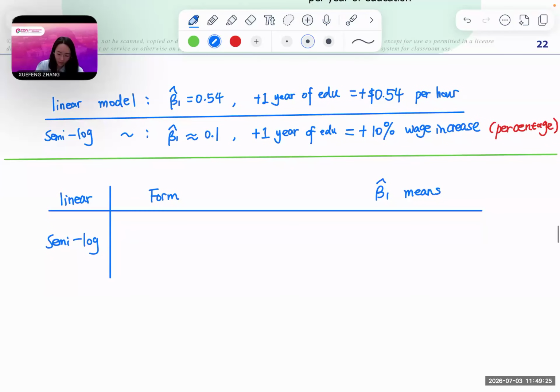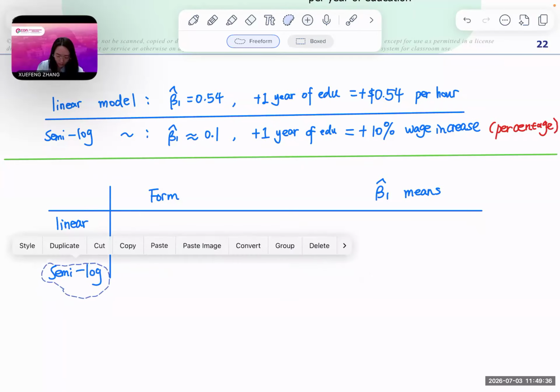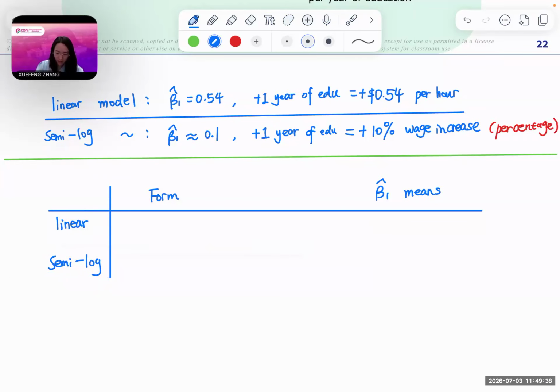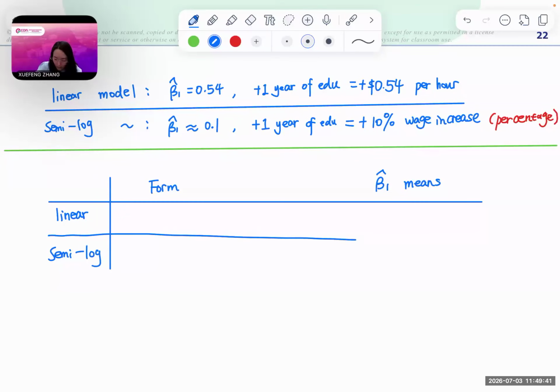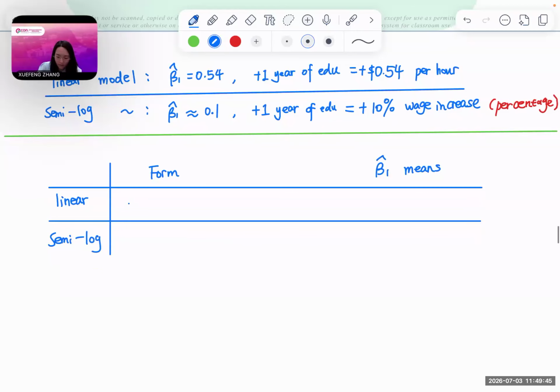So for linear, it looks like this: equals beta 0 plus beta 1 education plus mu. What does beta 1 mean?